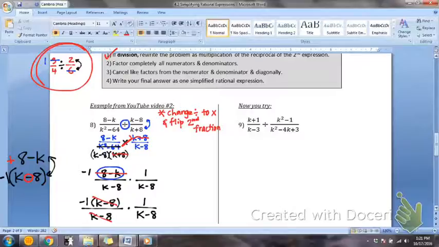But you can't do both, right? Because there's only one k minus 8 in the numerator. So that leaves me with a negative 1. And then what else do I have in the denominator still? K minus 8. 1 over k minus 8 is not the same thing as negative 1 over k minus 8.